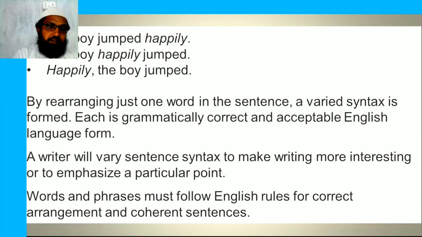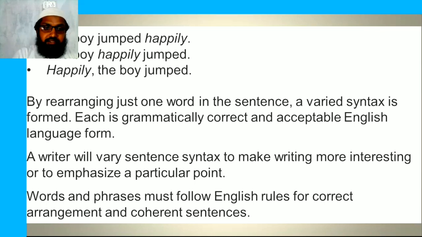These sentences are the best example to understand syntax. These three sentences give the same meaning, but the arrangements are changed. By rearranging just one word in the sentence, a varied syntax is formed. Each is grammatically correct and an acceptable English language form.